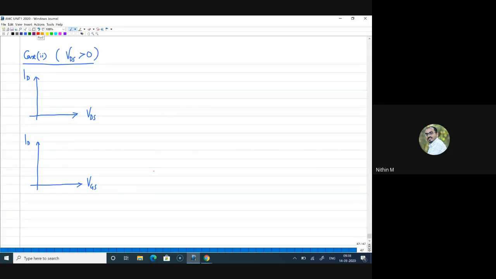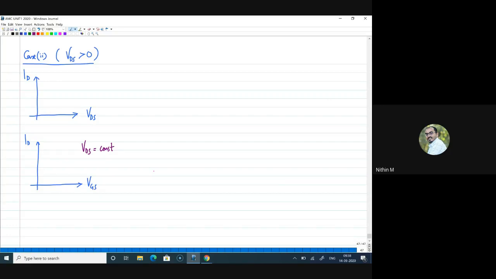So when can I expect a current ID? ID current is expected only when there is a VDS. So I am drawing this graph for a particular, constant VDS. There should be some VDS applied, then only I can expect a current. And that current will flow only when your VGS is greater than a particular VGS.